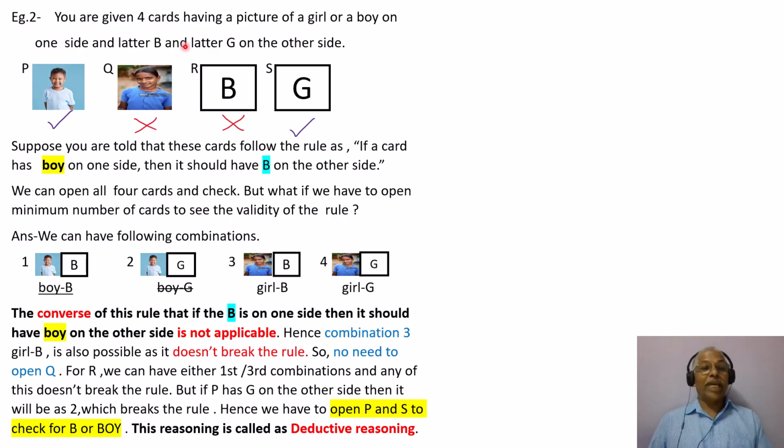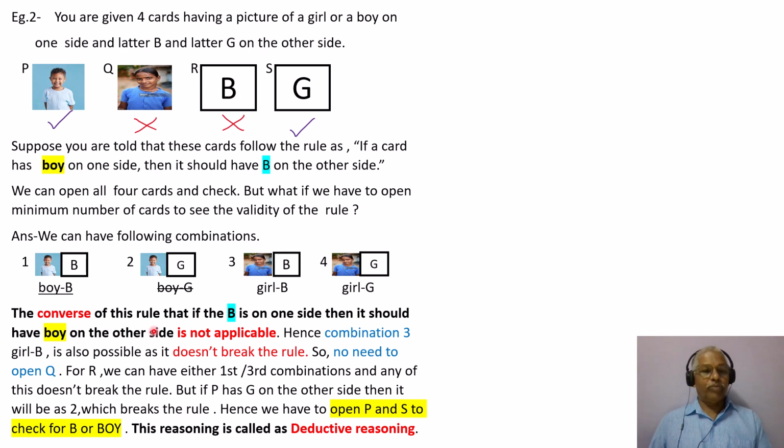So this can have boy on that side, and this can even have girl on that side. Similarly here, this can have B on that side. This can have G on that side, because the rule doesn't say anything about the girl. Got it? Try to understand this.